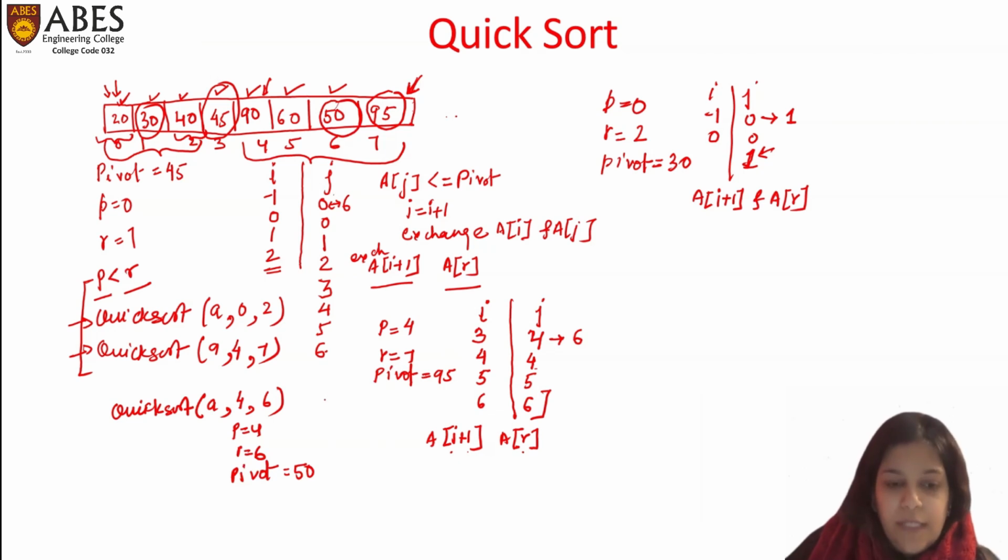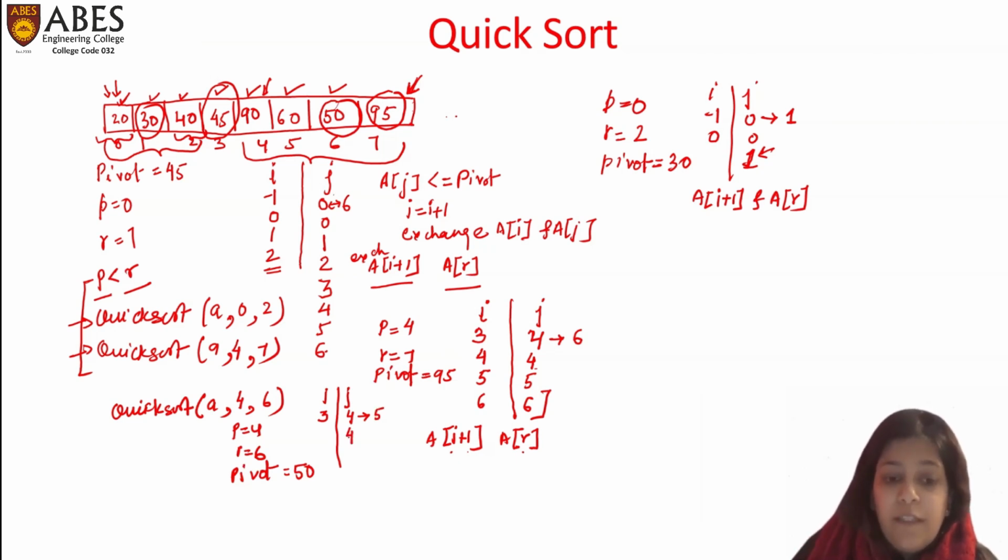Again, we can start with i and j. Here i will again take the value P minus 1, that is 3, and j will go from the lower bound P till the upper bound minus 1, so it will go till 5. Let us take the value of j as 4.